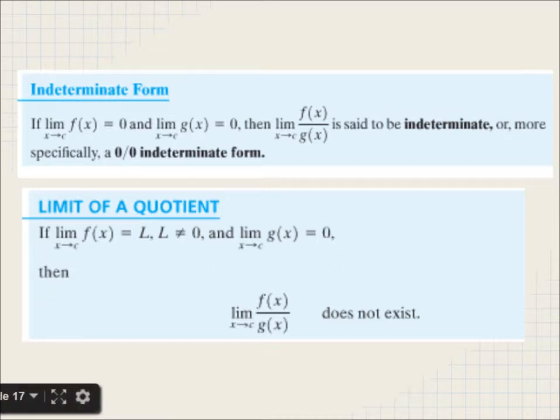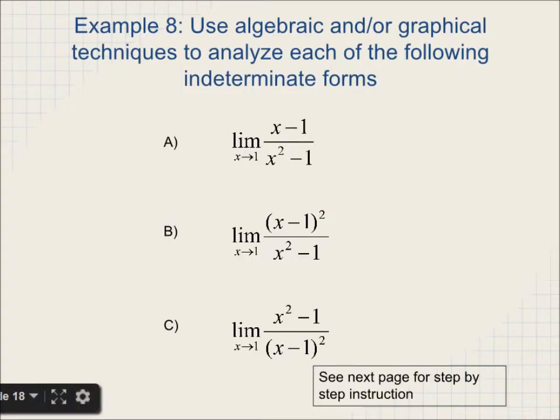So here is an example to analyze indeterminate form. As x approaches 1, if you put 1 here, then the value of x square minus 1 will be 0. So clearly this is not defined because the denominator is 0. So for determining if it is an indeterminate form, you just put the constant value in the variable under the denominator, and you will see whether it is defined or not.